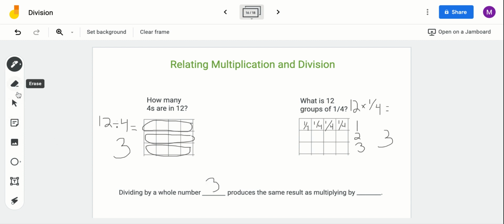I didn't divide by 3. 3 was my quotient. This time, I divided by 4. Dividing by 4 produces the same result as multiplying by, here I multiplied by 1/4.